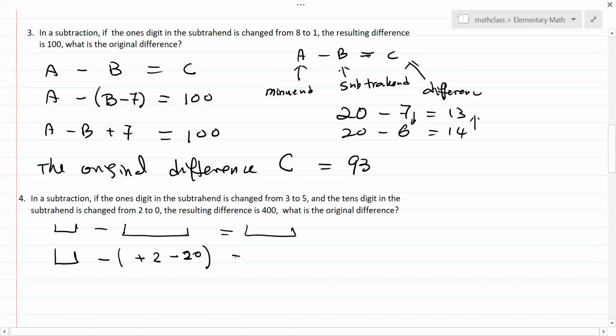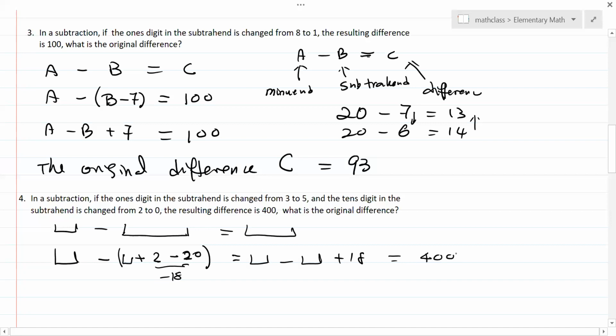Then for the final result, you combine them. So here's minus 18. Subtracting 18 from the subtrahend actually increases the difference by 18, and the result will be 400.